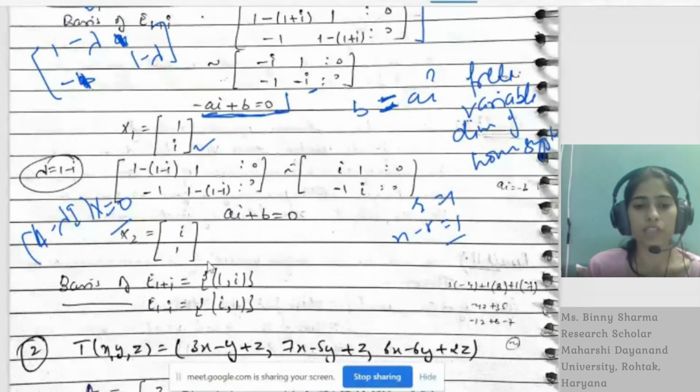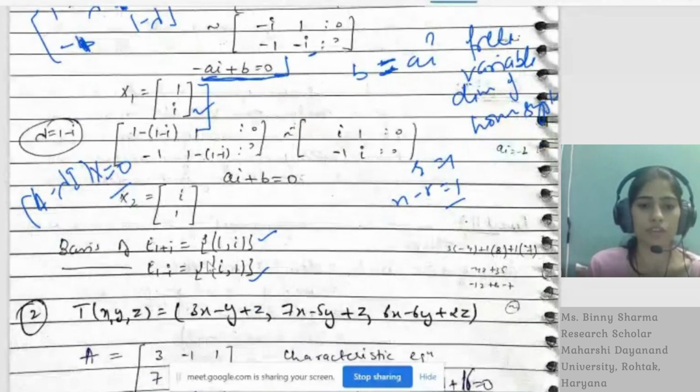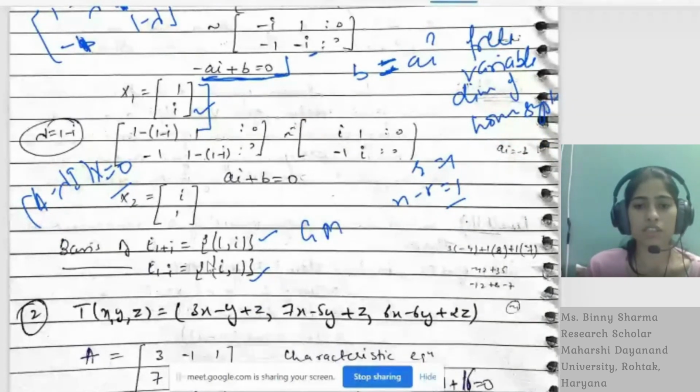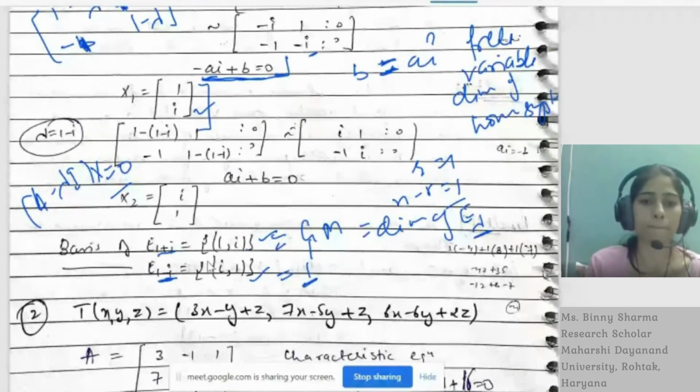So what we get: the basis of E of 1 plus iota is (1, iota) and the basis of E of 1 minus iota is (iota, 1). GM is the dimension of the eigenspace corresponding to lambda. So from this we can say the geometric multiplicity of eigenvalue 1 plus iota is 1, and similarly the geometric multiplicity of eigenvalue 1 minus iota is also 1.